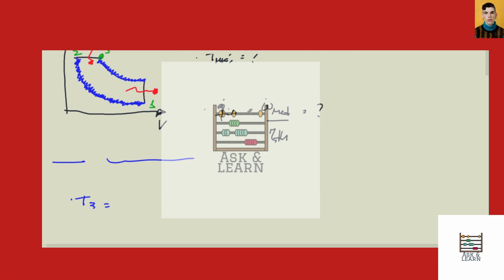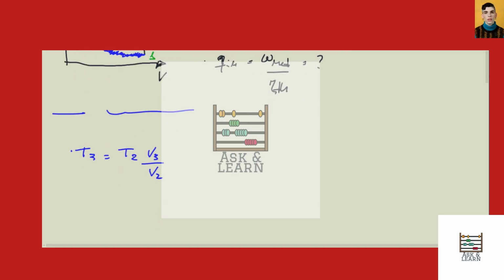So this is just T2 times V3 over V2, and this here is just the cutoff ratio. This is not really common to see often in problems, but this is the cutoff ratio, and we know its value. So what we have here is the temperature T2 multiplied by Rc, the cutoff ratio.